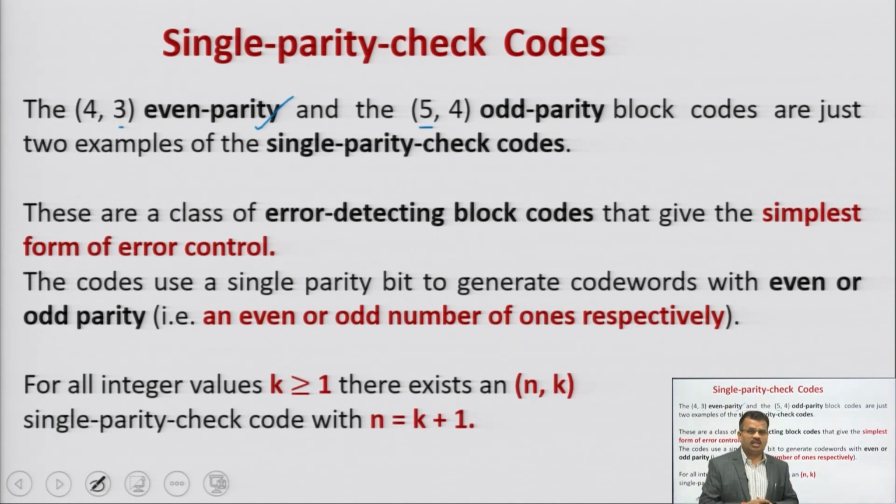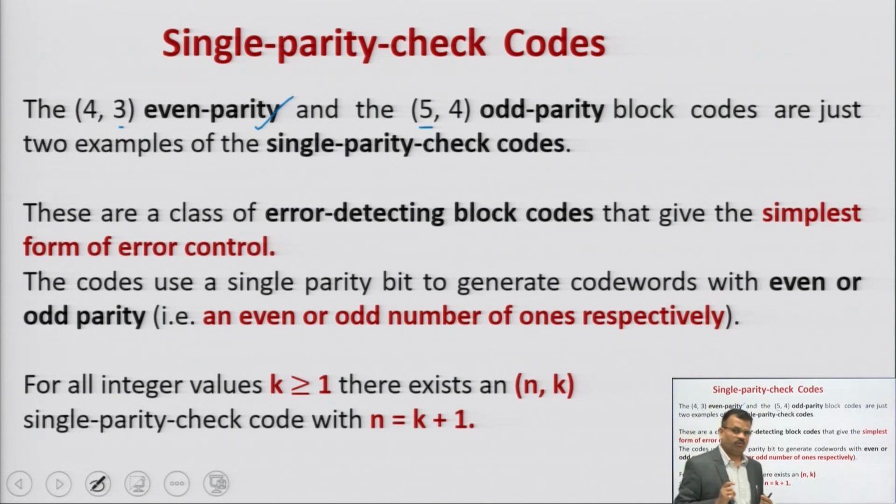There are a class of error detecting block codes that give the simplest form of error control. The codes use a single parity bit to generate code words with even or odd parity. Even odd parity means what? It means the even or odd number of ones respectively. If I am saying even parity, so number of ones should be even.